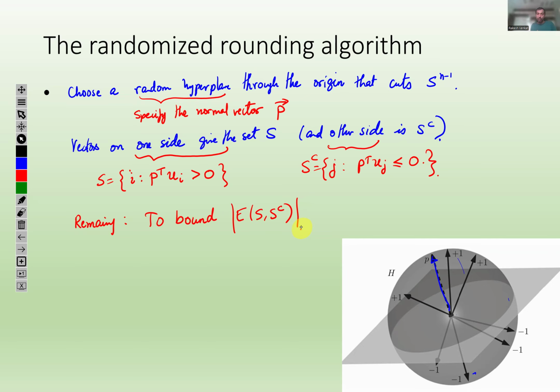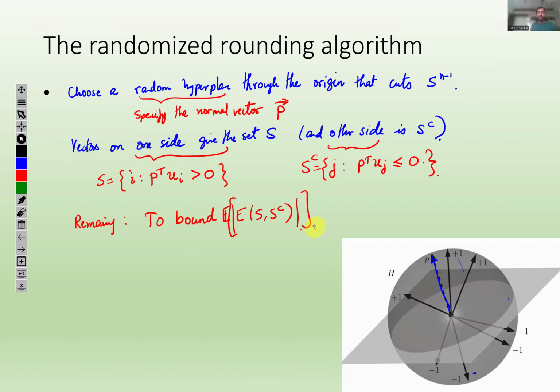It depends on the random hyperplane that is chosen. Choose one hyperplane, you get one cut. Choose another hyperplane, you get another cut. But since I've chosen a random one, I'm going to bound the expected value of this quantity.